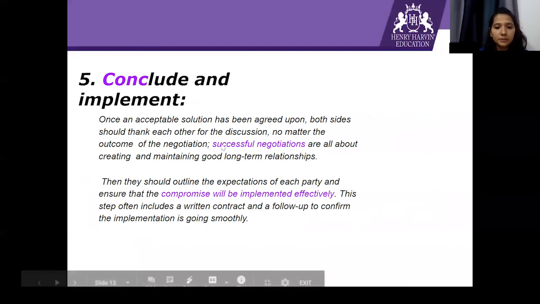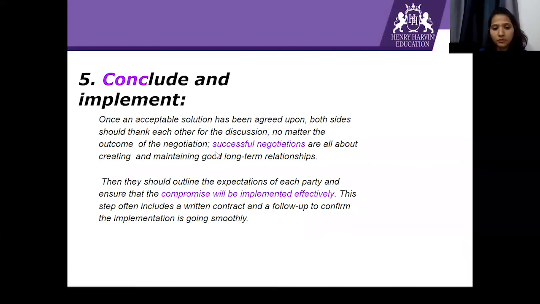Okay, so conclude and implement. Once an acceptable solution has been agreed upon, both sides should thank each other for the discussion, no matter the outcome of the negotiation. Of course, this is very essential towards the end, and whatever negotiation activities you are going to carry on, make sure that it looks like a real negotiation.